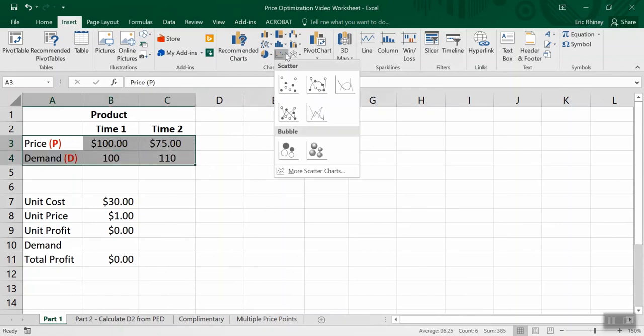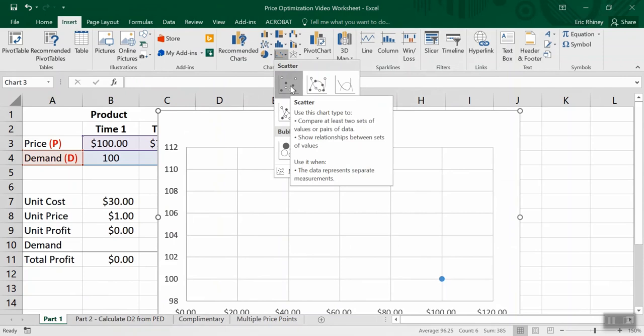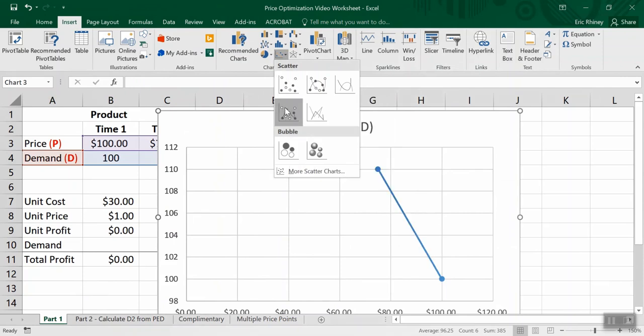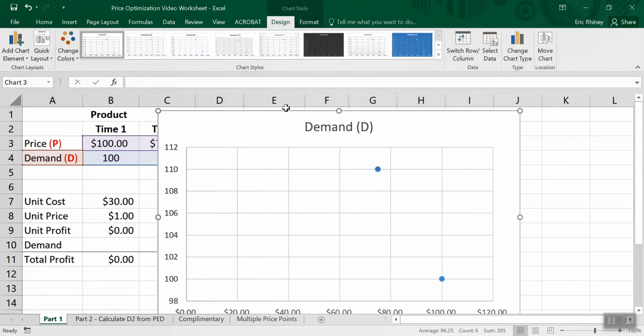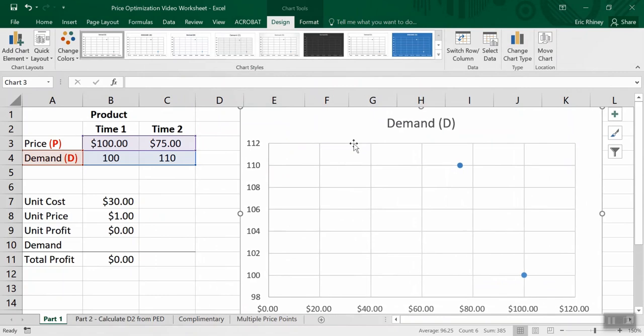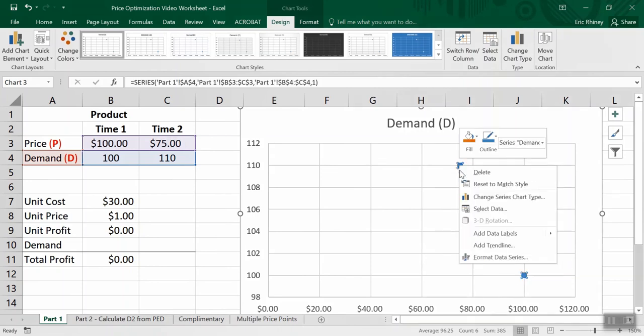I'm just going to highlight what I want to do as a scatter plot, and just click on here. And now we have our demand, and this is whatever the product is, this is demand. So we see here that at $75, we have demand of 110, and at $100 we have demand of 100.